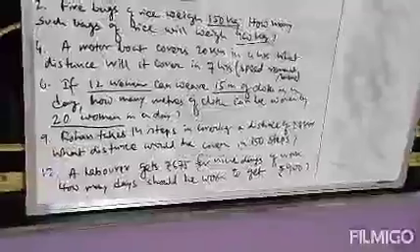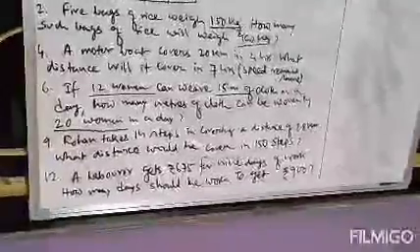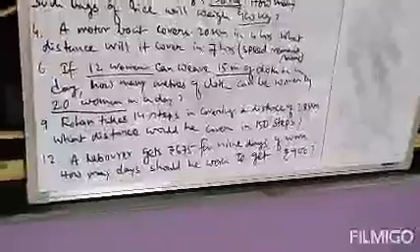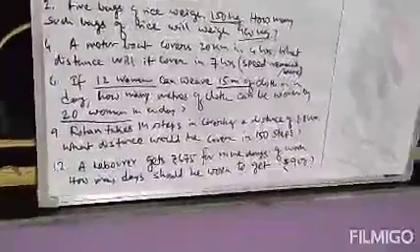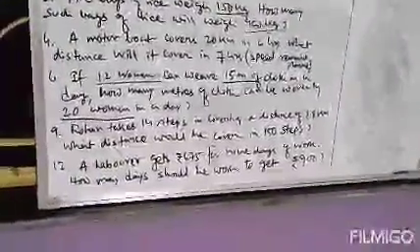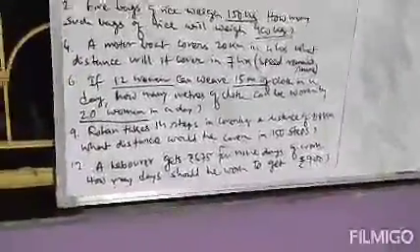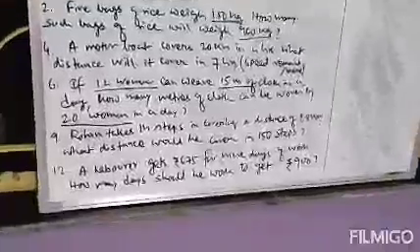Question number 9 says Rohan takes 14 steps in covering a distance of 2.8 km. What distance would he cover in 150 steps? That means number of steps and distance. There are two quantities. In 14 steps, distance covered is 2.8 km. Therefore in 150 steps, the distance will be more than 2.8 because the number of steps increases from 14 to 150.